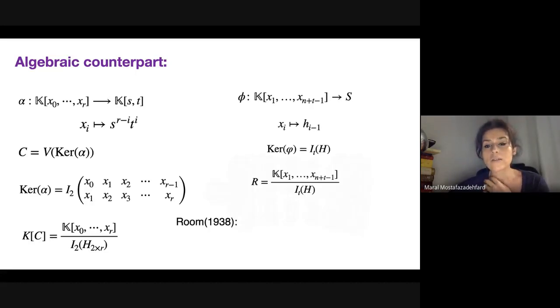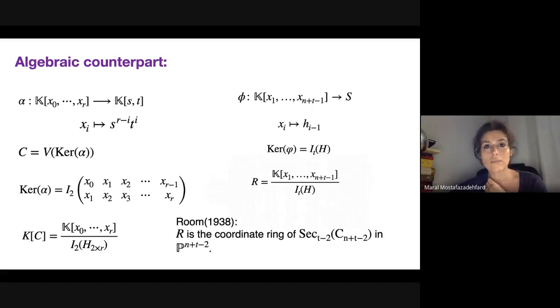So you can think of this quotient ring as the coordinate ring of the (t-1)-secant variety of a rational normal curve in P^(n+t-2).